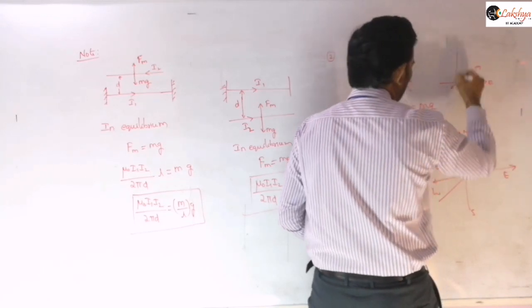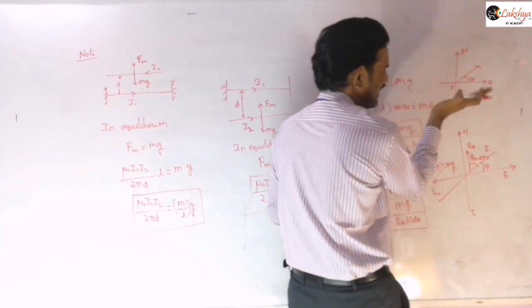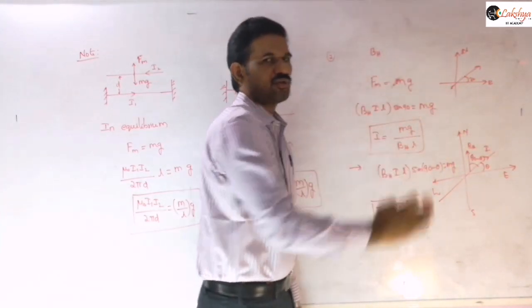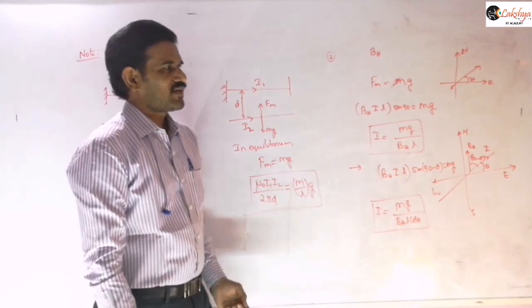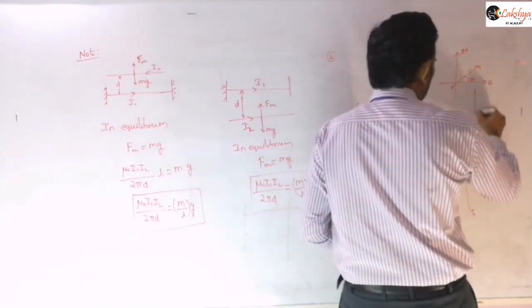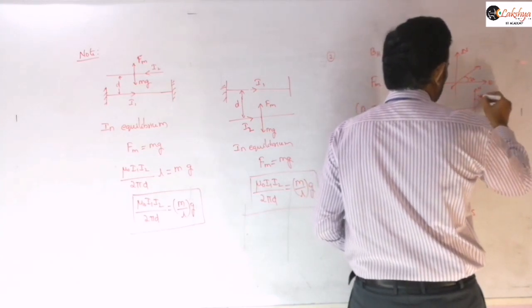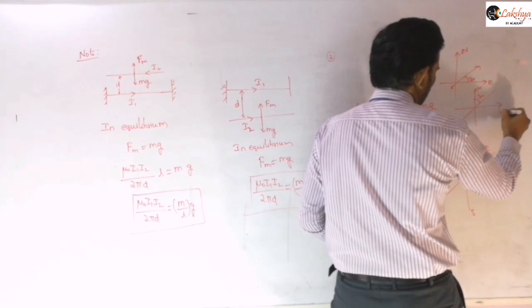That means with respect to east, the conductor is lying on the north side. If it is given like 30 degrees east of north, then with respect to the north side, you need to consider 30 degrees towards east.